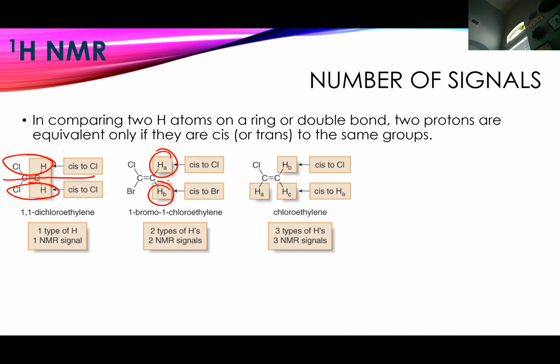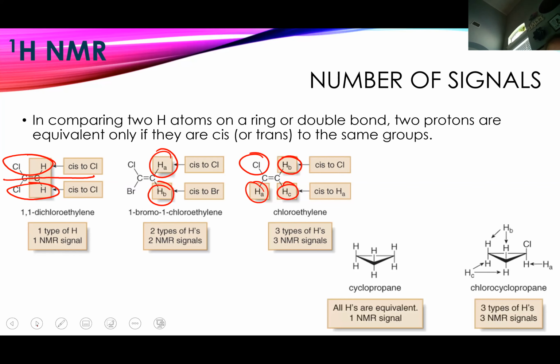And then in our last example, I believe this is the example from the previous page, but HB is cis to chlorine, whereas HA and HC are both cis to hydrogens. But you also have to take into account that HA is on the same carbon as the chlorine. So you end up with 3 unique signals again. And then this is essentially what I drew out on the previous slide.